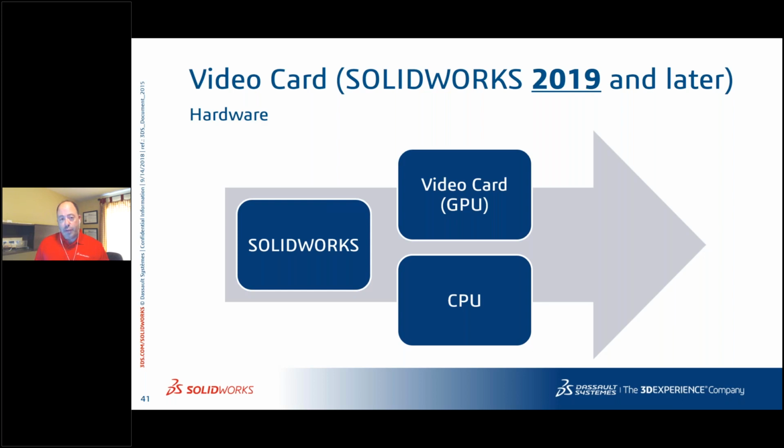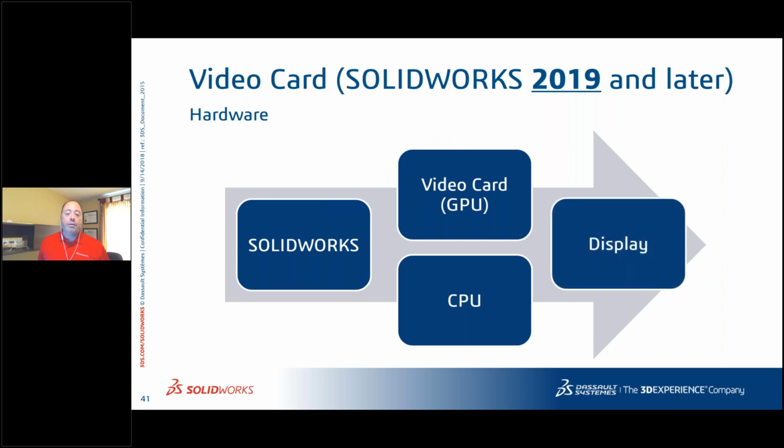We can offload much of the calculation from the CPU, so the CPU has more room to do more things, and we offload that to the GPU and then display the information. And if you look at technology in the last couple of years, GPUs, the video cards, have gotten so much more powerful. It's really amazing, with all the VR technology and all that stuff.